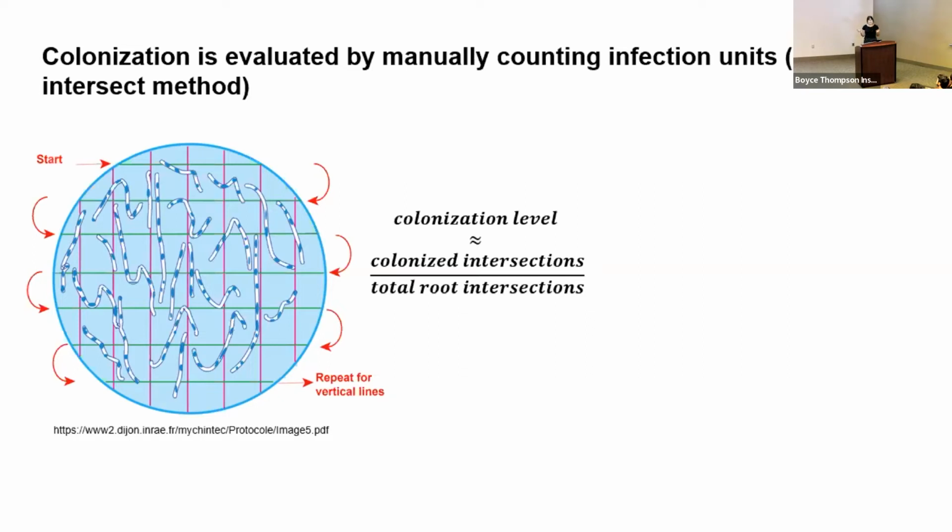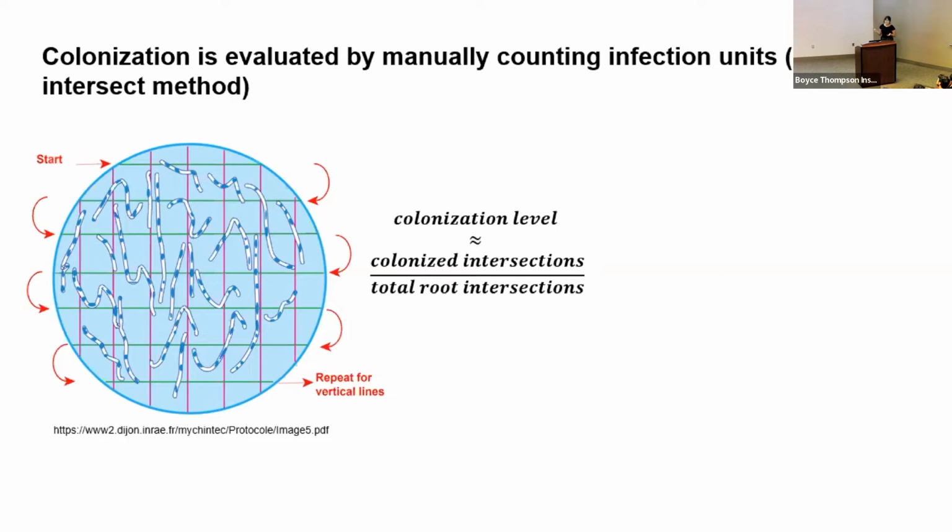Once all of the grid lines have been viewed, the counter will be left with a number of intersections of colonized roots and a number of intersections of non-colonized roots. And these numbers can be used to give an approximate count of the colonization level across the whole root system using this calculation. So the total number of colonized intersections is divided by the total root intersections.